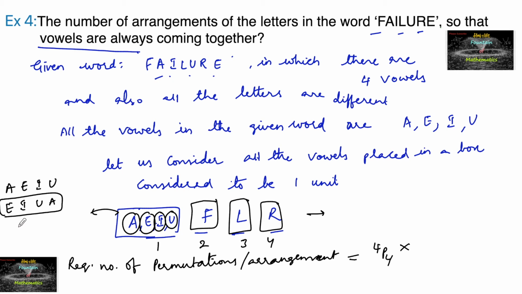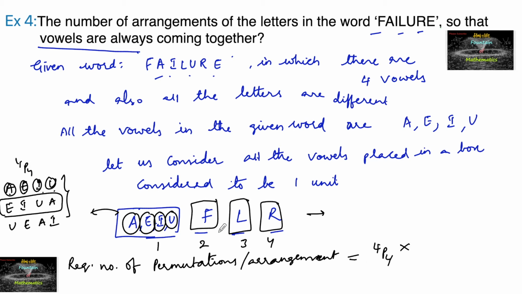And even U, E, A, I is also one pattern. How many ways can you write these letters? That's 4 factorial, because 4 letters are there.